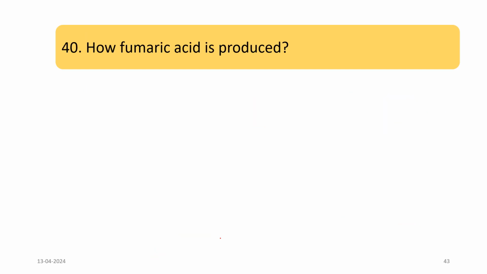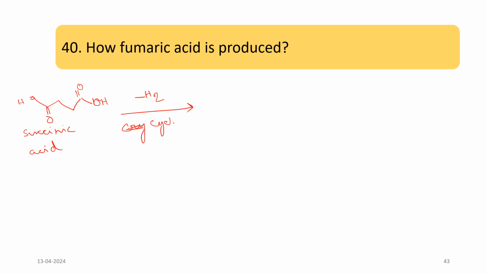Next, how fumaric acid is produced. So what is the succinic acid structure? This one. So this is succinic acid. Now we are doing dehydrogenation and cyclization. So what is the product? Product is this, maleic anhydride.